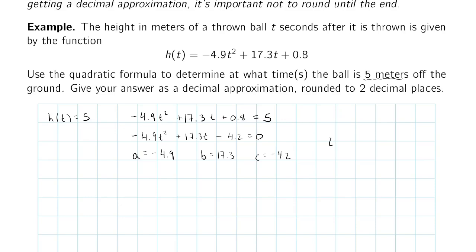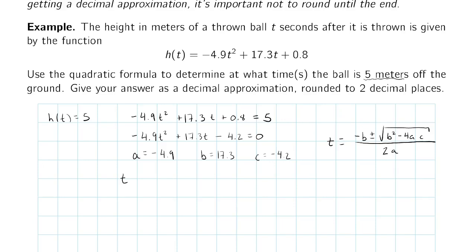So the quadratic formula is going to say that t equals the opposite of b plus or minus the square root of b squared minus 4ac, all over 2a.